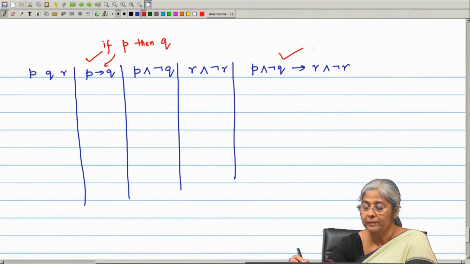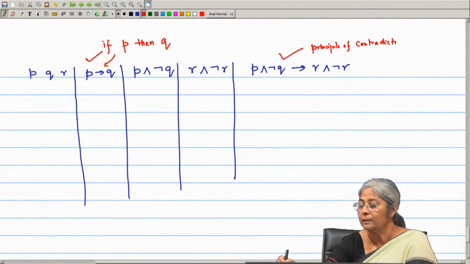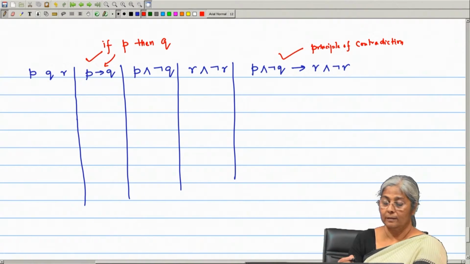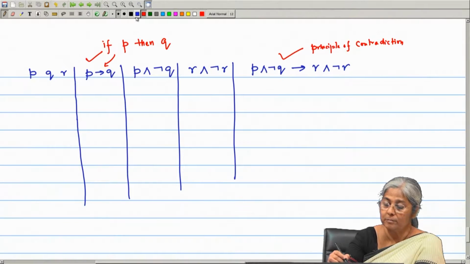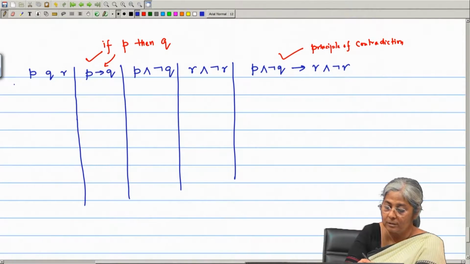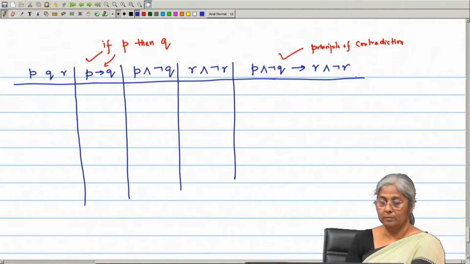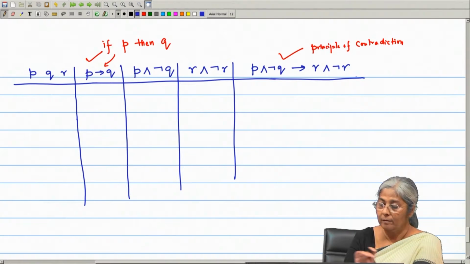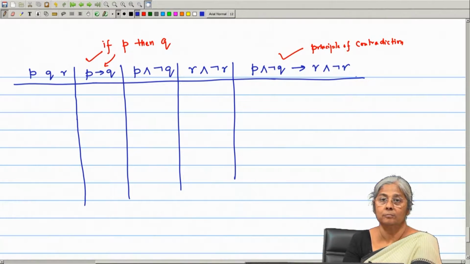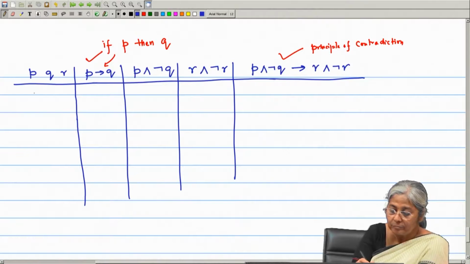I write, this is my principle of contradiction. First I show whether this method is correct, the way we are applying the principle of contradiction.